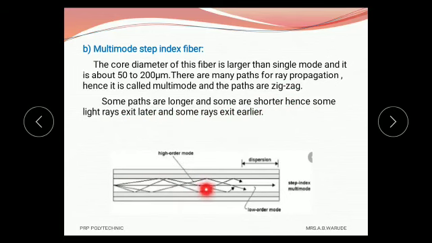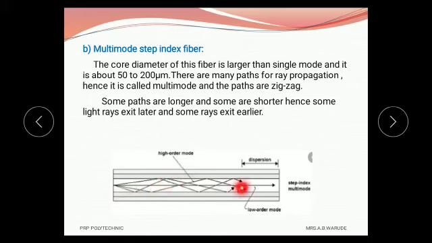Here the middle part is called the core, then the second is cladding, and the upper is the protective skin or jacket. When light is incident, only total internal reflection is possible. Here this is the path of the first ray, then here this is the second path.